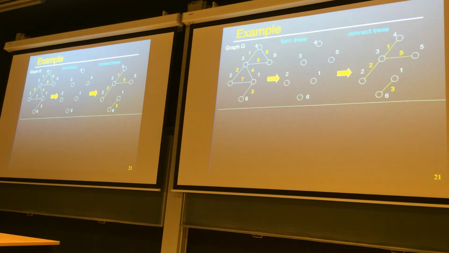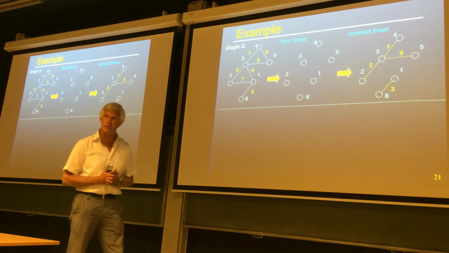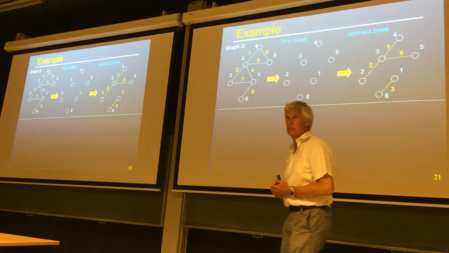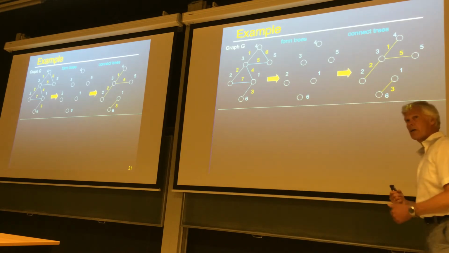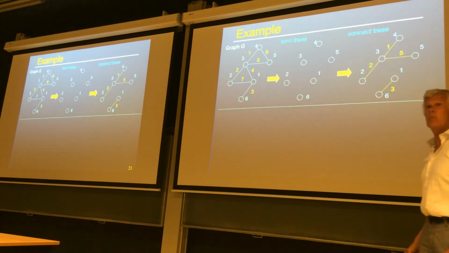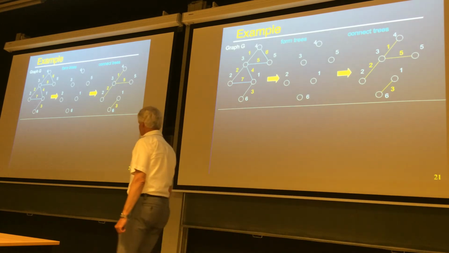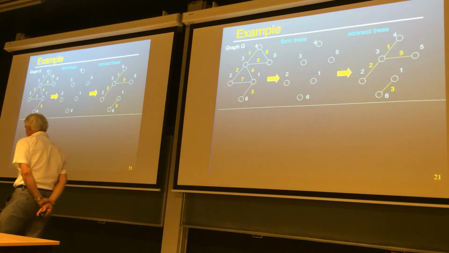So at least half of the nodes will disappear. That means that the number of iterations that are needed for merging all the components is not larger than log n. And what you have to be convinced of is that in every step we don't need more time than log n. Well, let's just continue here the example.